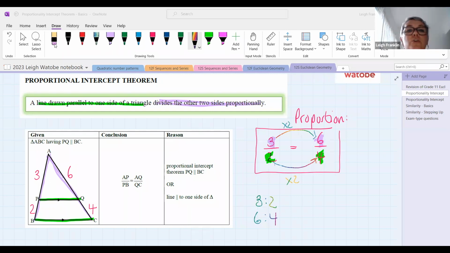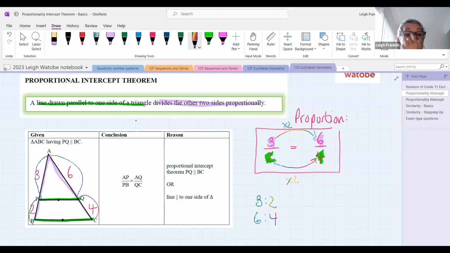One of the conclusions that we can reach, and there's more than one, is that if we put AP over PB, so AP is this bit over here and PB is that bit over there, it's going to be the same as the proportions on the other side, in other words AQ over QC.